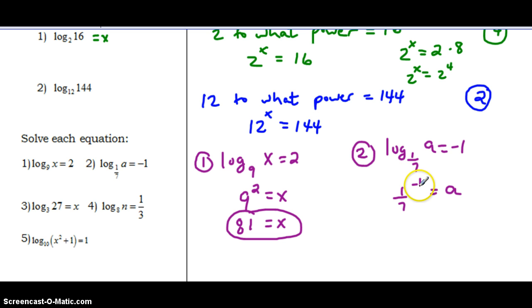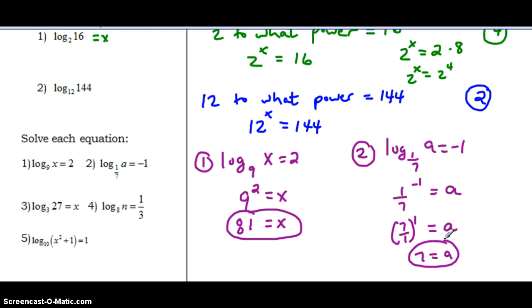Remember what a negative exponent is. Our first step is we're going to flip this fraction, change it to the reciprocal, because this negative exponent would move the 7 up and the 1 down, and then it would become a positive. So 7 to the first is 7, so a is equal to 7.